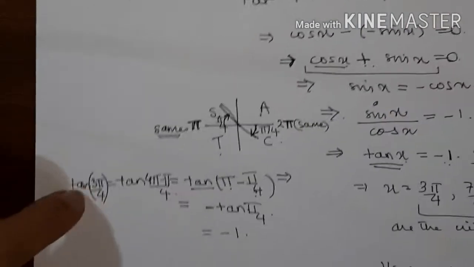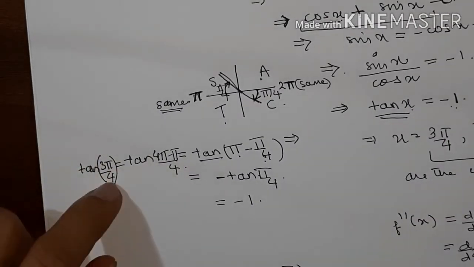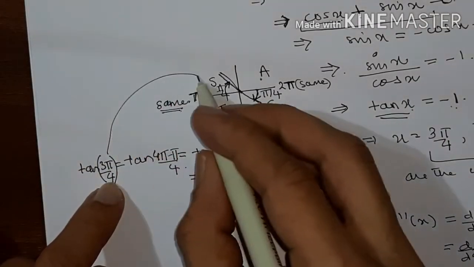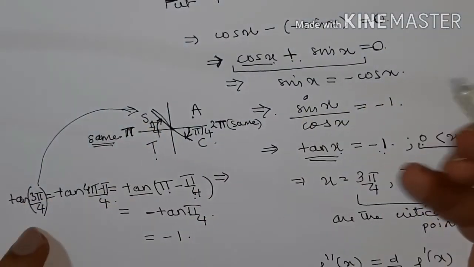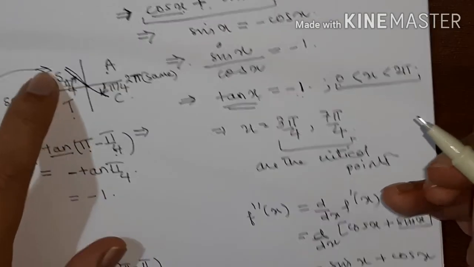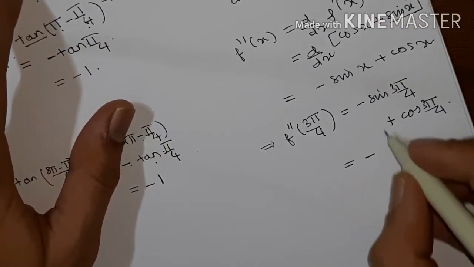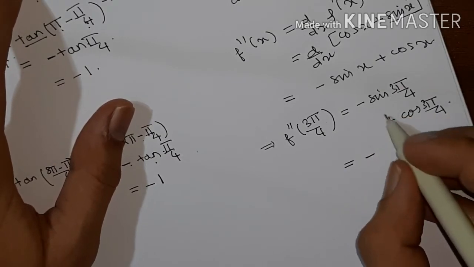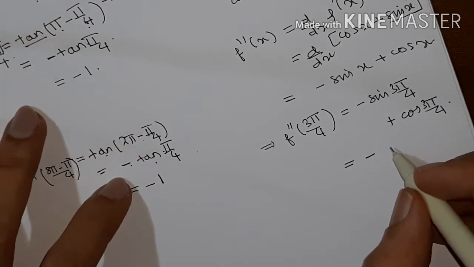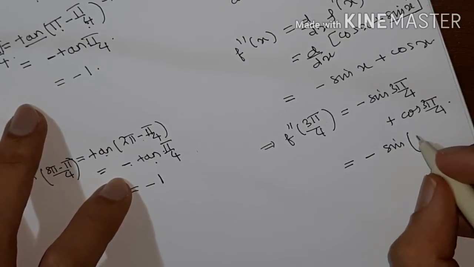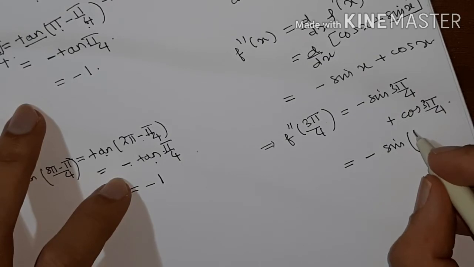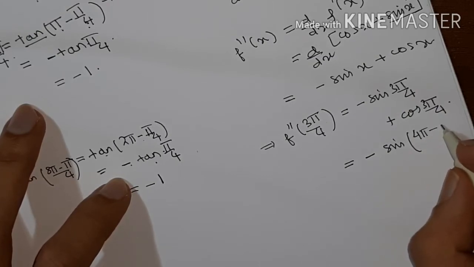In which quadrant is 3 pi by 4? We saw that it is in the second quadrant. Now in the second quadrant, sine is positive. So minus is already there here, and sine of 3 pi by 4. Let us calculate this. So 3 pi by 4 we can write as 4 pi by 4 minus pi by 4.